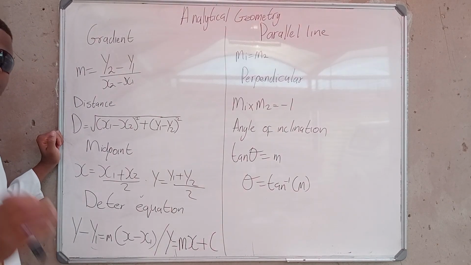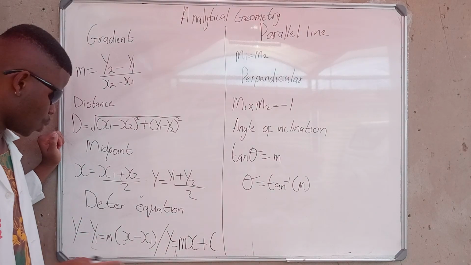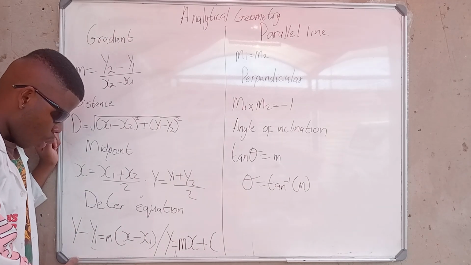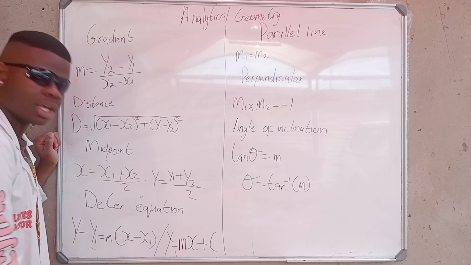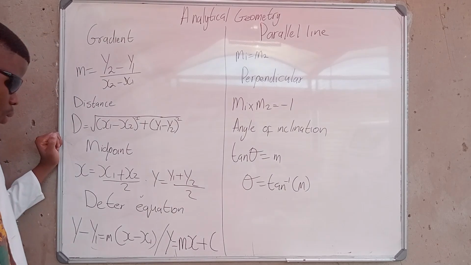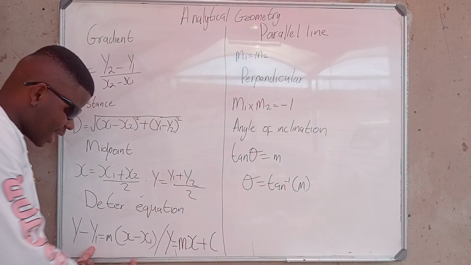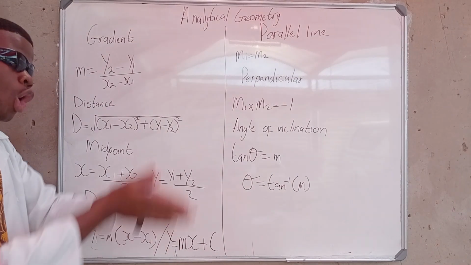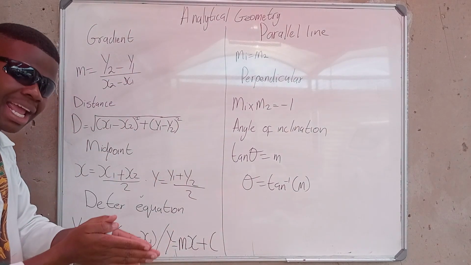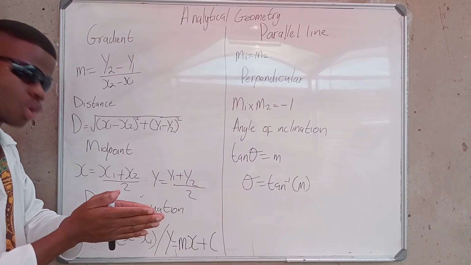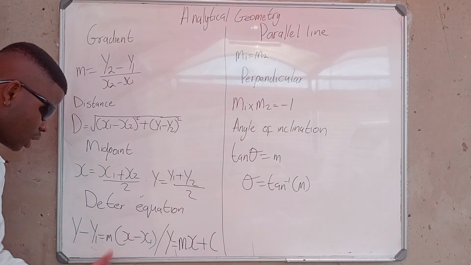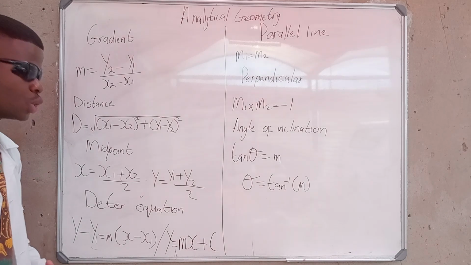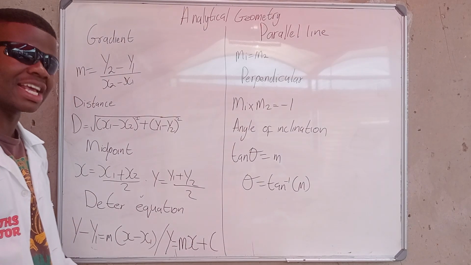And then when the question says determine the equation, you're going to use one of these equations. So where you see y1 and x1, you're going to substitute the coordinates that are on that line, or the given coordinates, and then you substitute the gradient, and then you do your mathematical gymnastics.